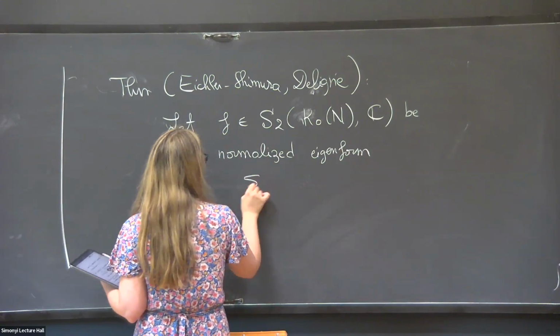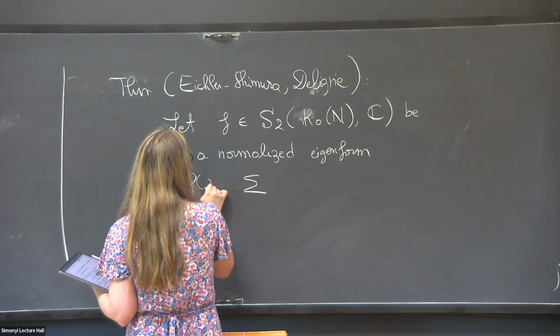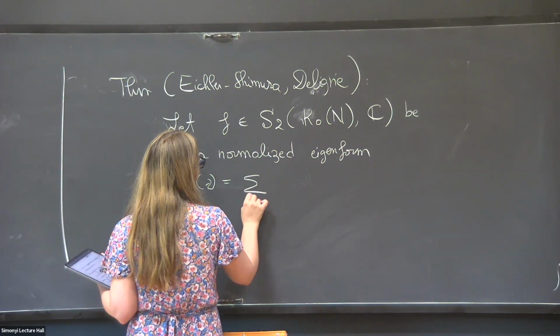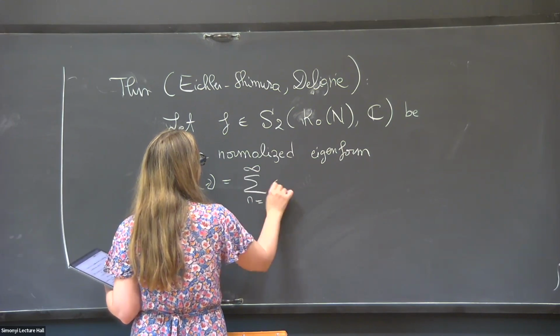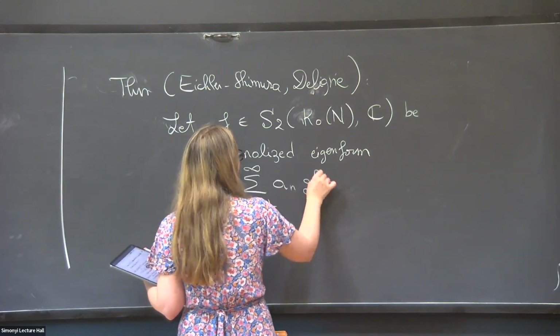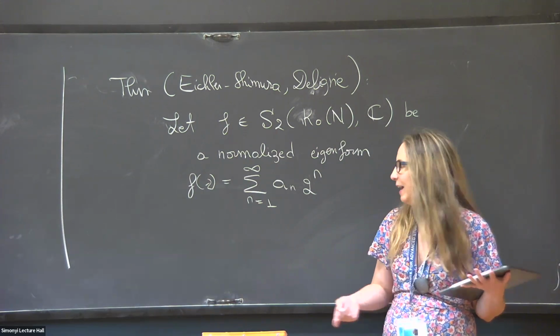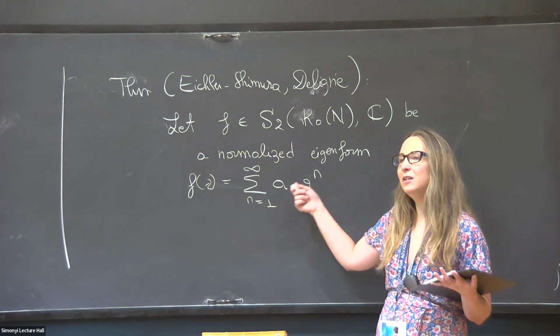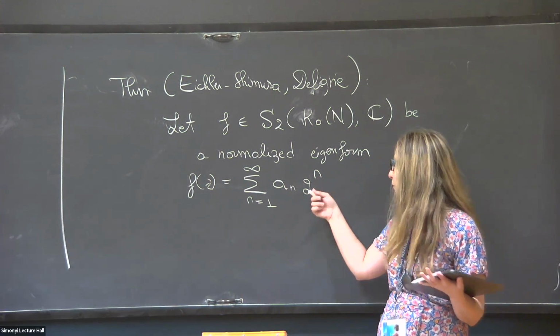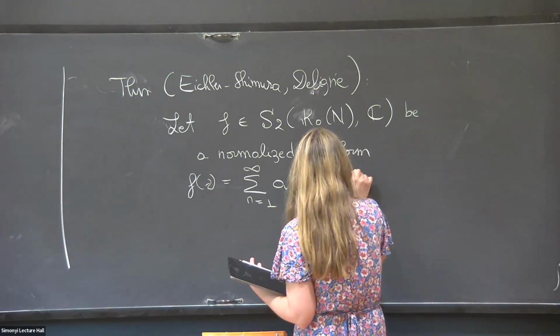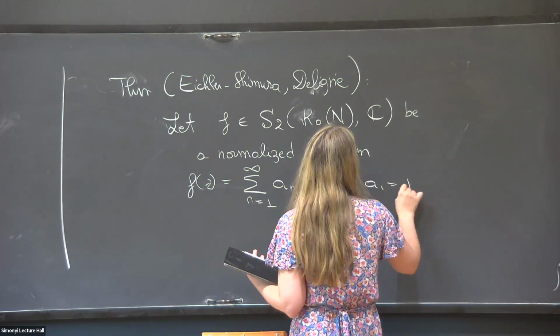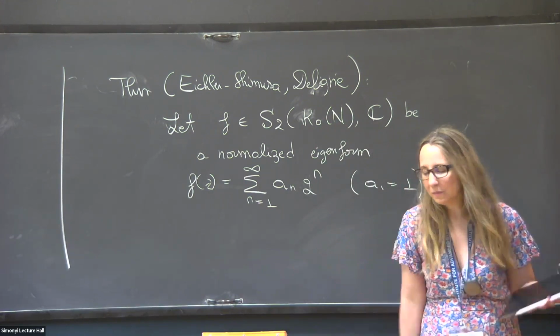That just means that I can write my f(z), so it's a cusp form, so it's the sum from n=1 to infinity of a_n q^n. And then when you have an eigenvector, you can rescale it. And we're going to normalize it so that a_1, the coefficient of q, is 1. So it's just rescaled in this way.